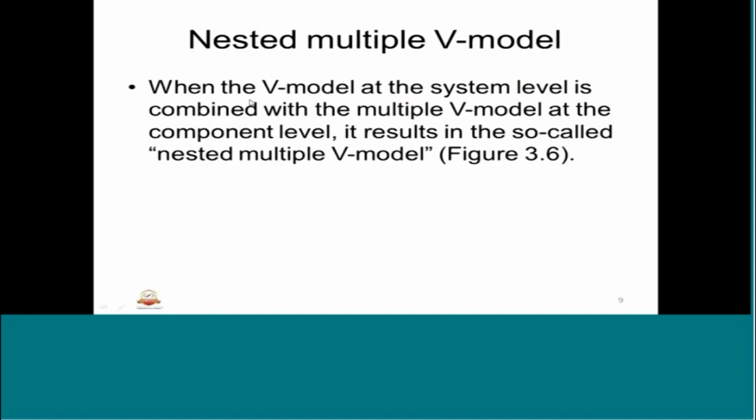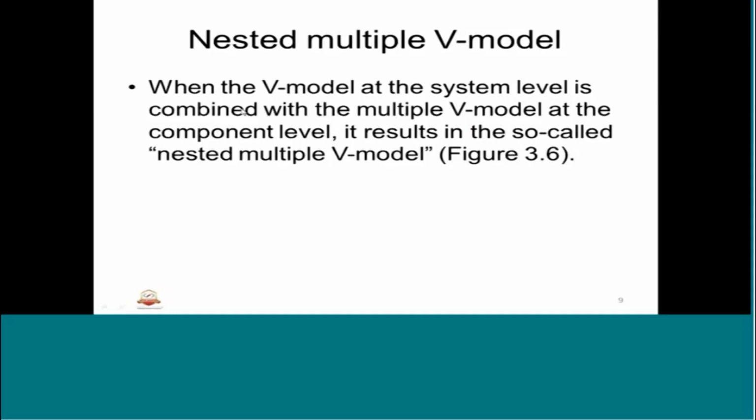Definition is here. When the V model at the system level is combined with the multiple V model at the component level, it results in the so-called nested multiple V model. So the meaning is that at system level we have a V model, it is combined with multiple V model. We have seen in the previous slide having prototype, final, and before prototype we have the initial one.